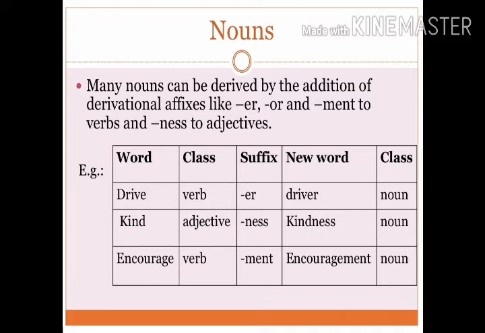Similarly, if we attach the derivational affix ment to the verb encourage, it becomes the noun encouragement. Another example, if we add the derivational affix ness to the adjective kind, it becomes the noun kindness.